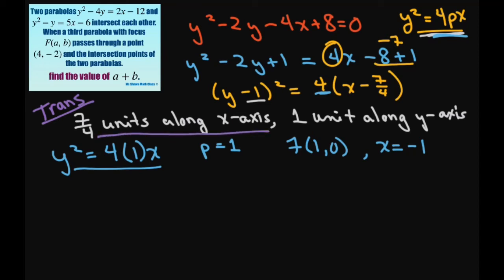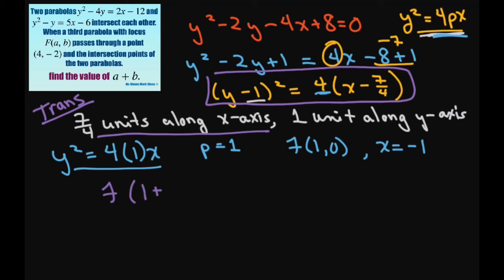So to do this translation part, you take your focus. The focus is going to be 1, and then you add the 7/4, because that's with the x-axis. And then you write your 0, and then you add 1 to that.